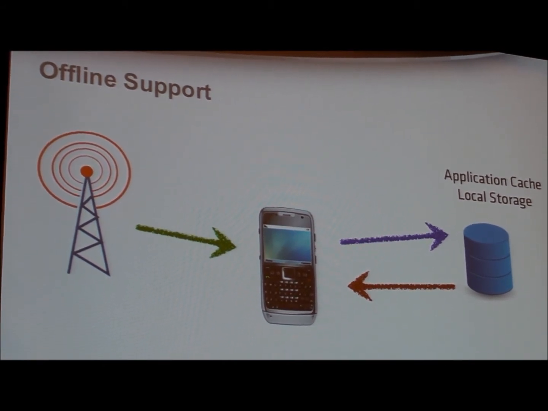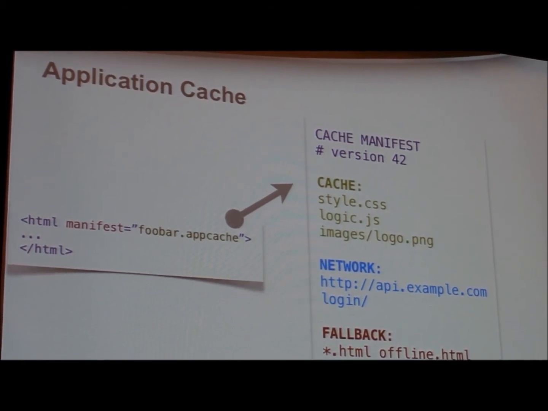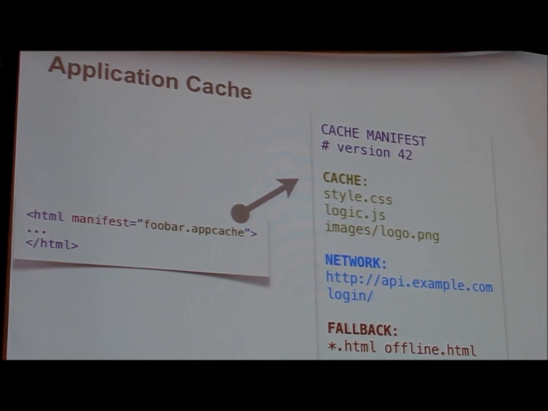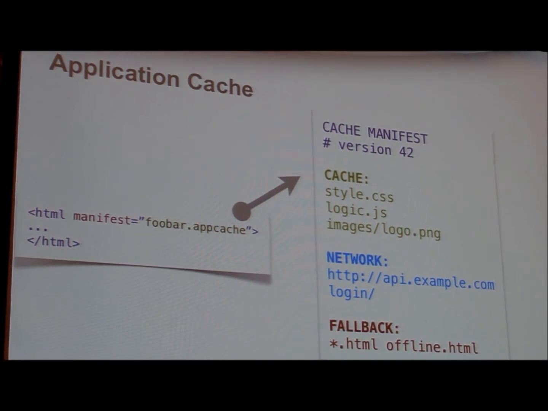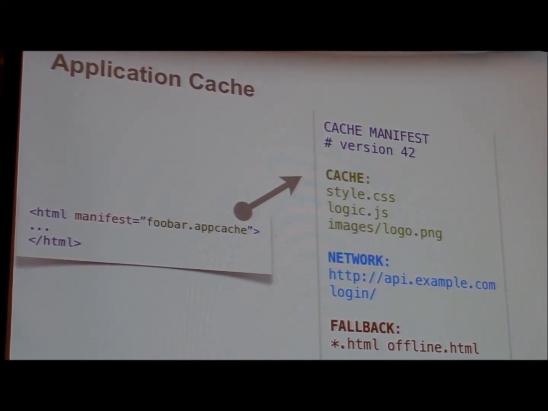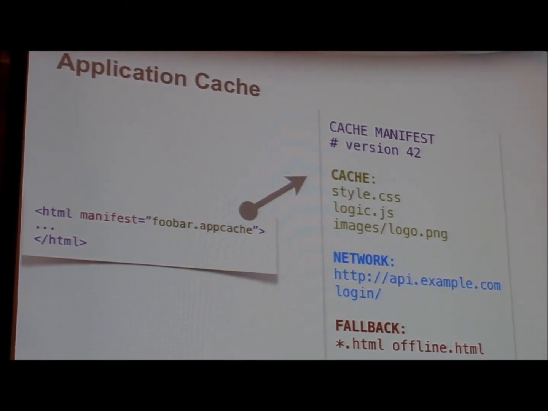App cache needs some support from the server side in the form of the cache manifest file. It's usually called application name.appcache. The way it works is that it defines what resources need to be accessed when the user is offline or when the user is online. There are three categories.